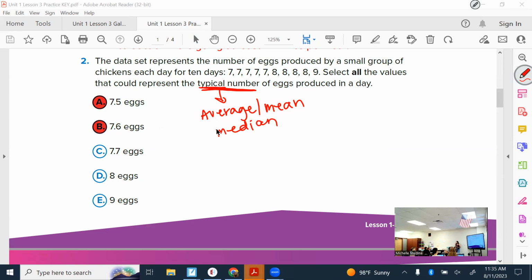And then there's one more for typical values. One more for typical value.